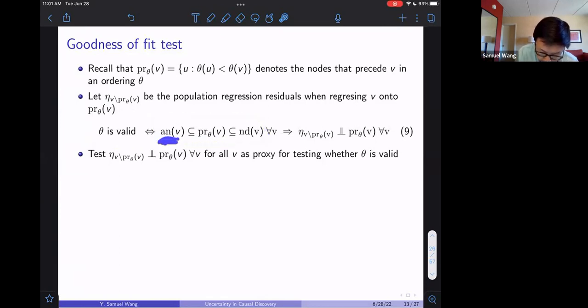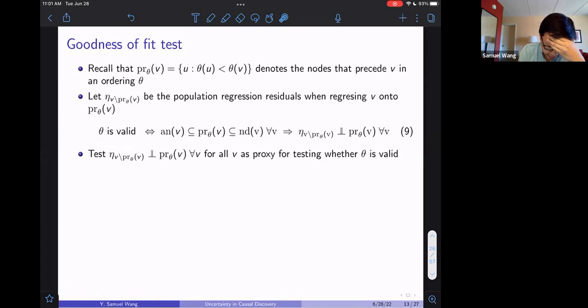The ancestors of V are contained within the predecessors of V, and the predecessors of V do not include any descendants of V. This is the definition of a valid total ordering, and it is true for all V. From the example that I showed you earlier, this statement about causal ordering implies that these residuals are independent of their predecessors for all V. This then gives us a way to test for a valid causal ordering.